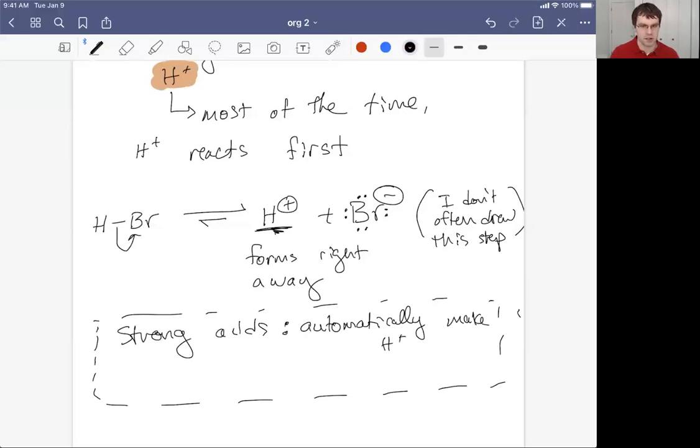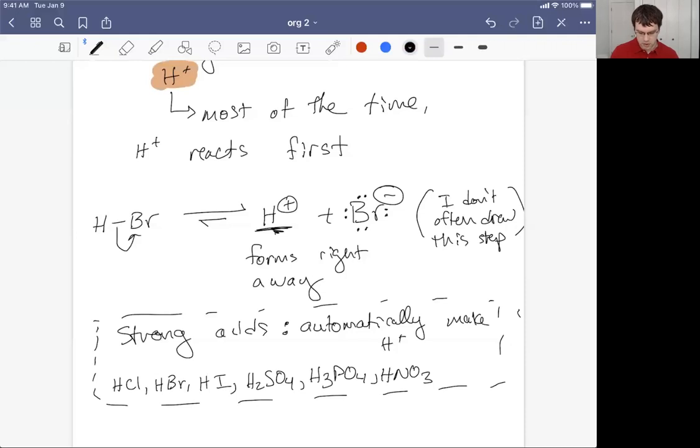These are just things that in water form H plus very easily. They are HCl, HBr, HI, so our halo acids. H2SO4, that's sulfuric. H3PO4, that's phosphoric. And then HNO3, that's nitric.